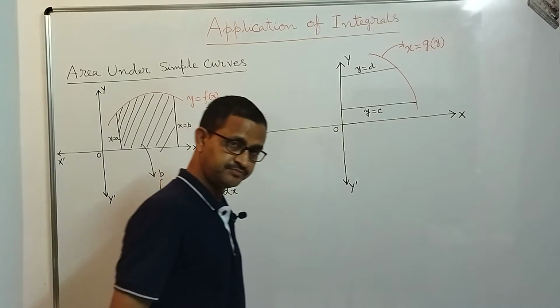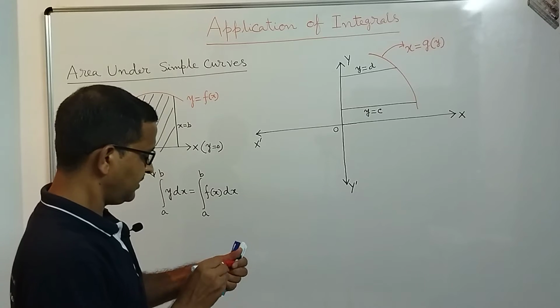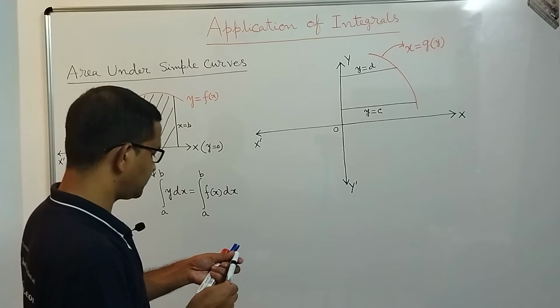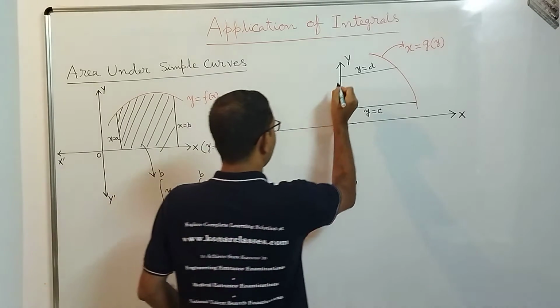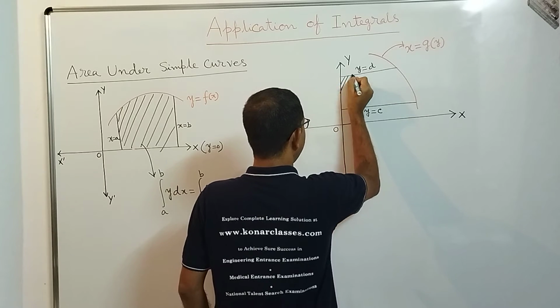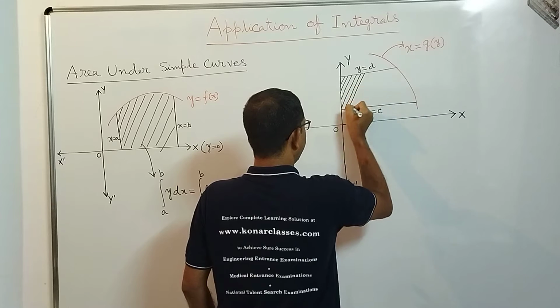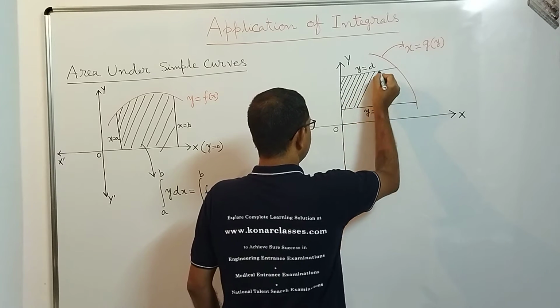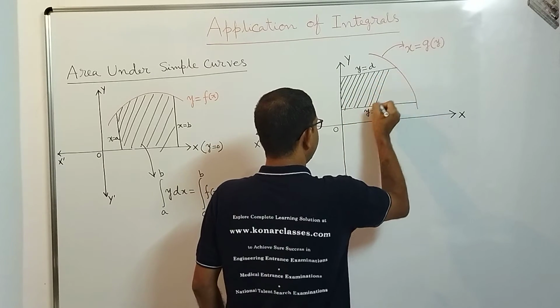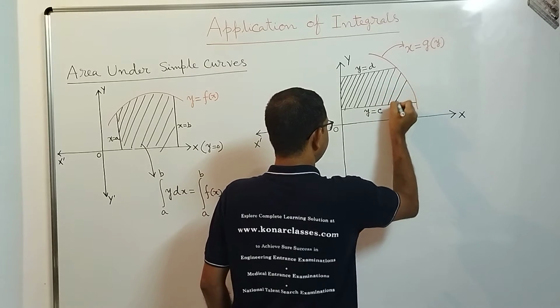So we are interested in finding the area of this region bounded by the curve x equal to g(y), the y-axis and the two lines y equal to c and y equal to d.